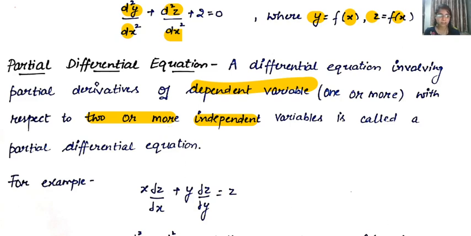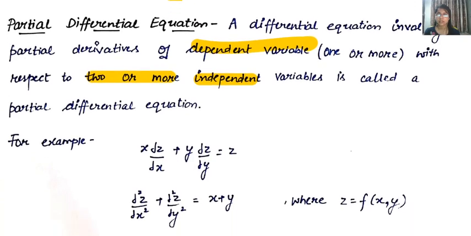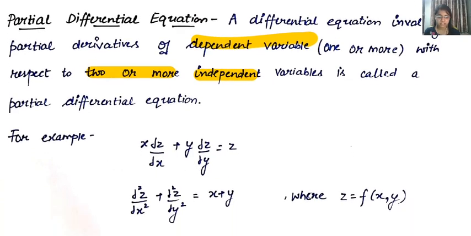Now consider an example. For this we have considered z as a function of x and y. Here x and y are independent variables and z is the dependent variable, as z depends on x and y.